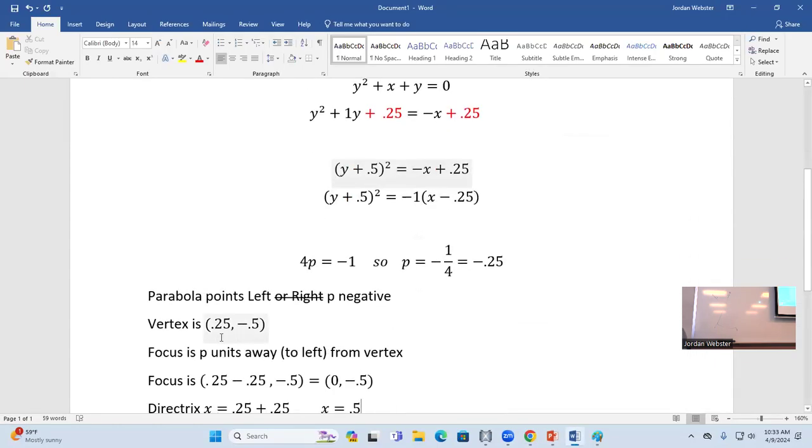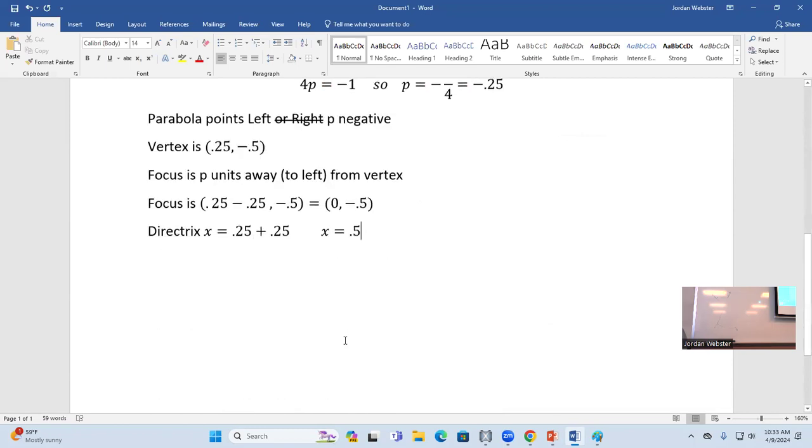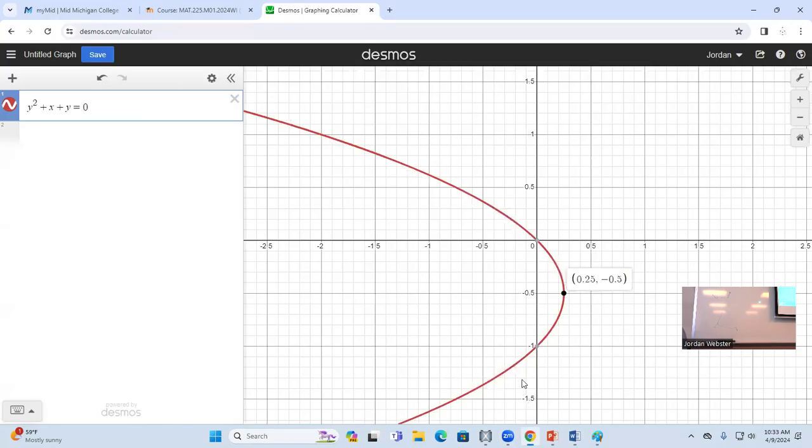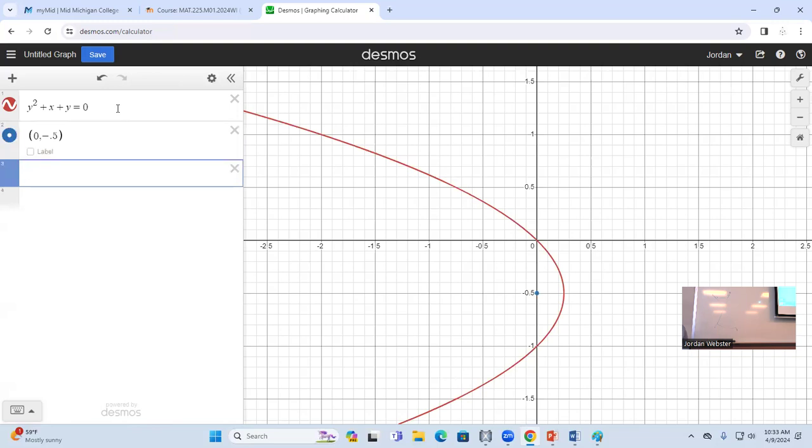Just like we had. And it looks like my focus should be, I can just graph this, at 0 comma negative 0.5. And my directrix should be x equals 0.5.